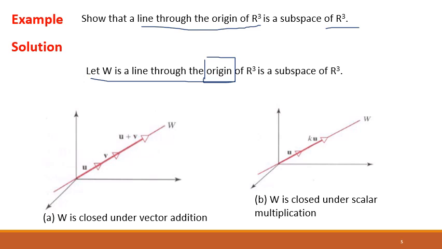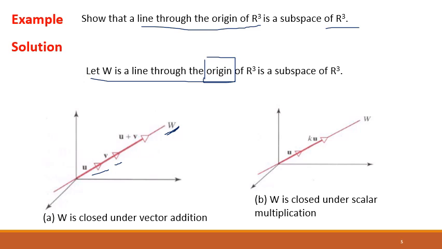The second property is W should be closed under vector addition. This is our line W which is passing through the origin. We suppose two vectors u and v on this line. This is vector u and this is vector v. These two vectors u and v are different in length but have the same direction.